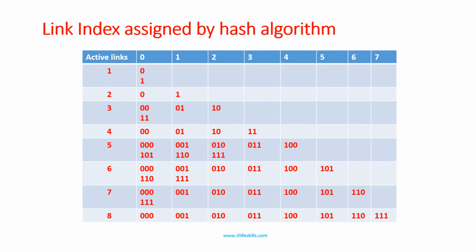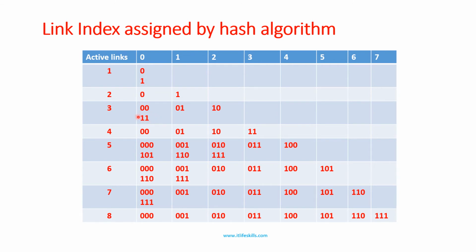If we have 3 active links, it requires 2 bits. If the result of the bit or XOR operation is 0 0, link 0 will be used. 0 1, link number 1 will be used. 1 0, link number 2 will be used. But 1 1, link number 0 will be used.